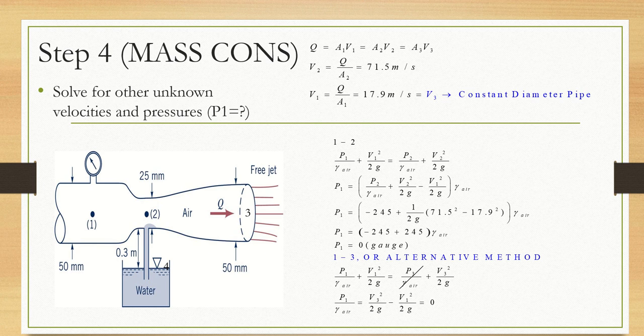It doesn't matter if you have a converging, diverging duct. It doesn't matter if you have a manometer. In problems in which you are trying to apply Bernoulli's, manometry, and mass conservation, there's normally a step-by-step, logical process.